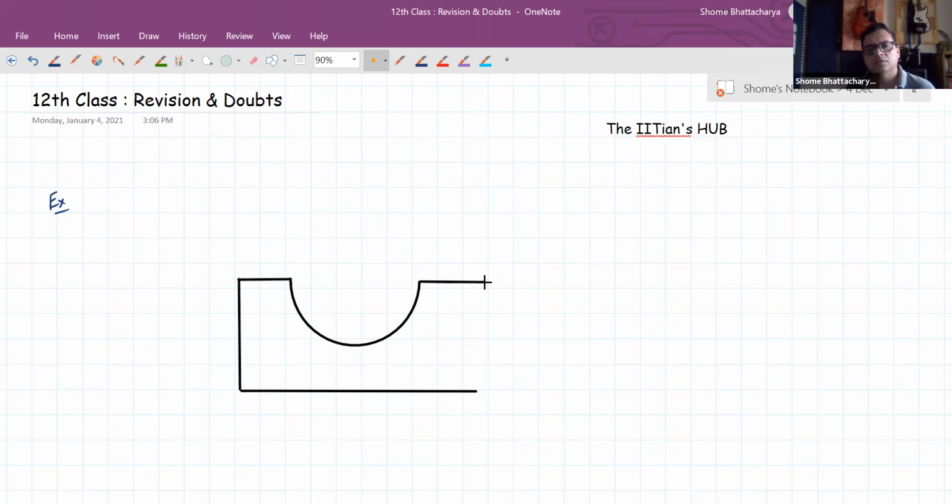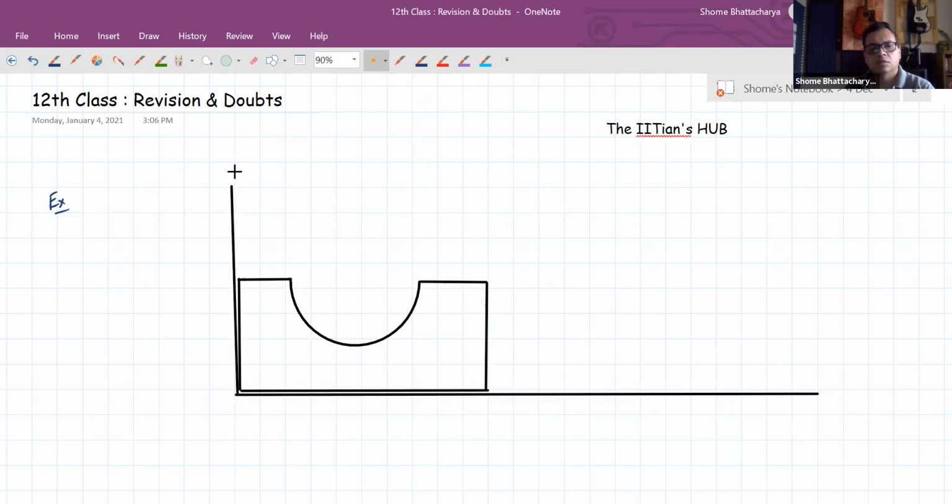So fairly standard kind of situation in system of particles mechanics kind of thing, but with some additional concepts we'll discuss here. Okay, so this is a wedge kind of thing, which is lying on a smooth horizontal surface, also against a wall initially.